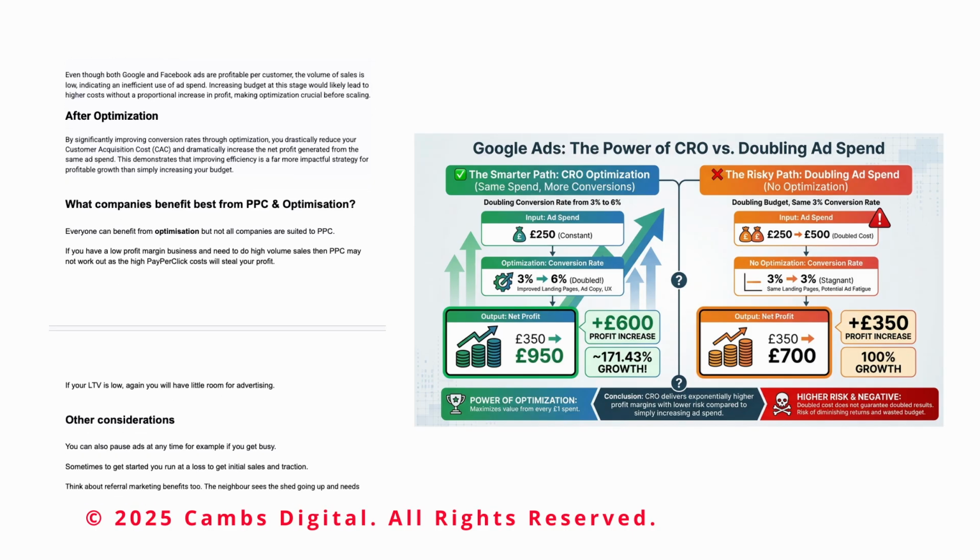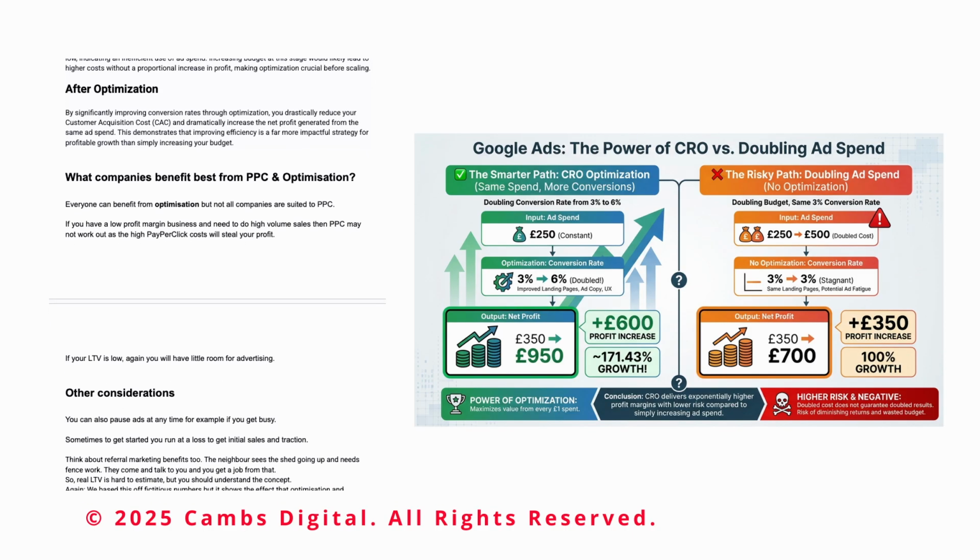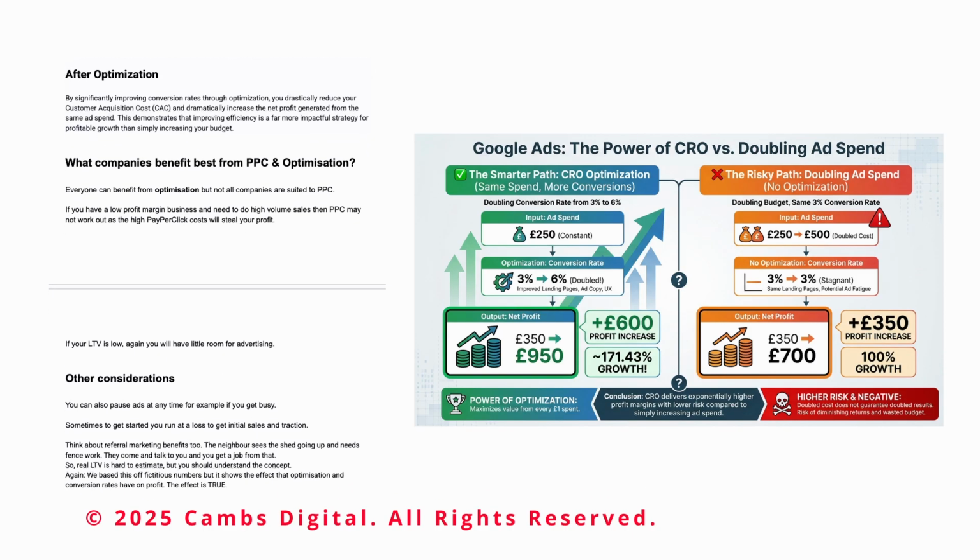So what companies best benefit from pay-per-click and optimization? Everyone can benefit from optimization, but not all companies are suited to pay-per-click. If you're a low profit margin business, unless you have really high volume, then it's unlikely to work out for you.